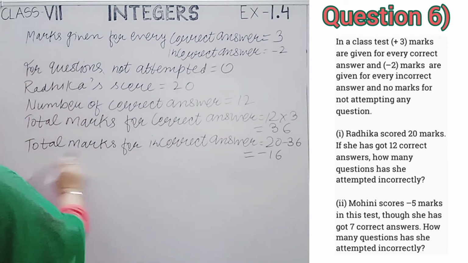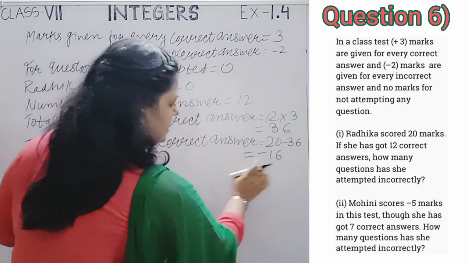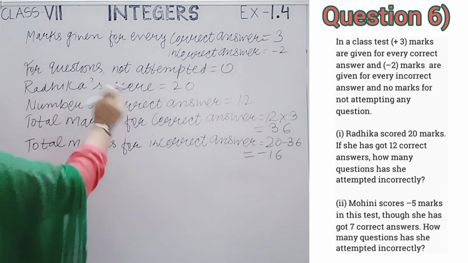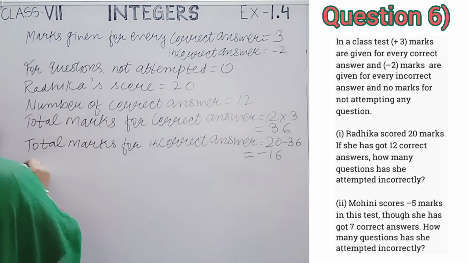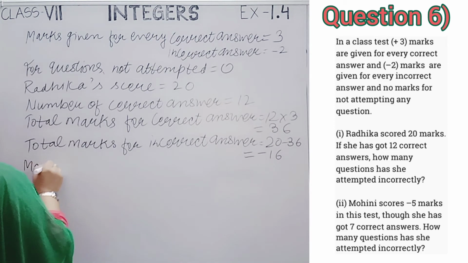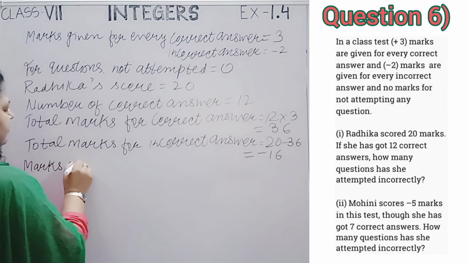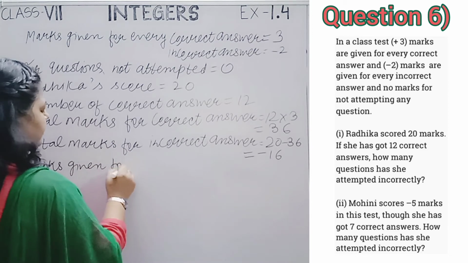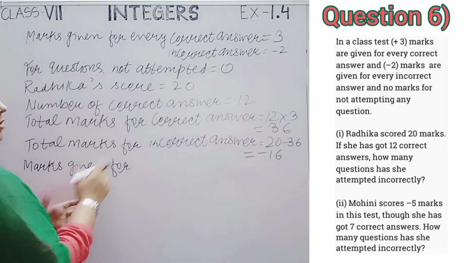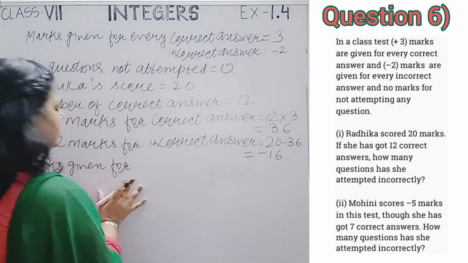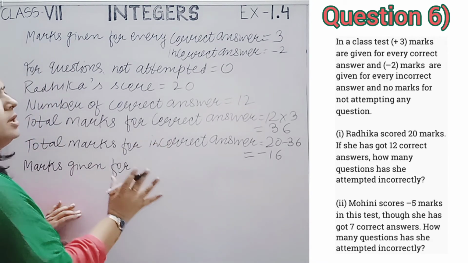So here total marks for incorrect answers is minus 16 and marks given for one incorrect answer is minus 2. So marks given for 1 is minus 2 and for x we don't know x. It means we are going to find out the number of questions.